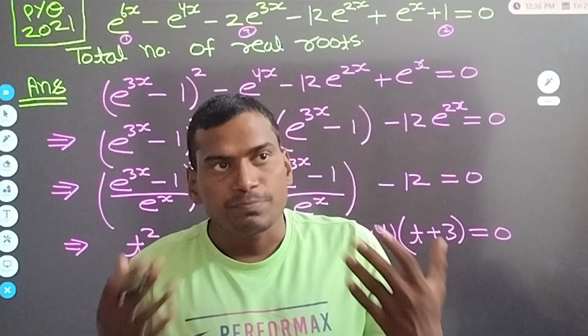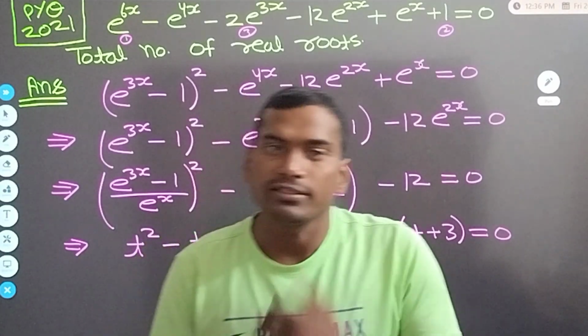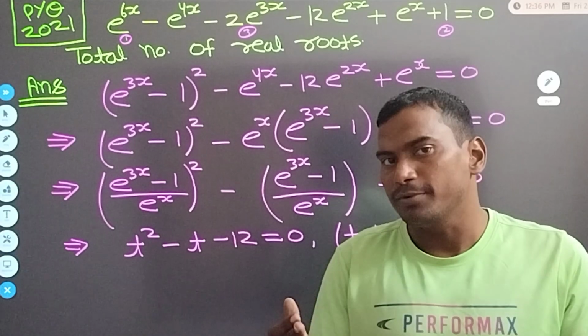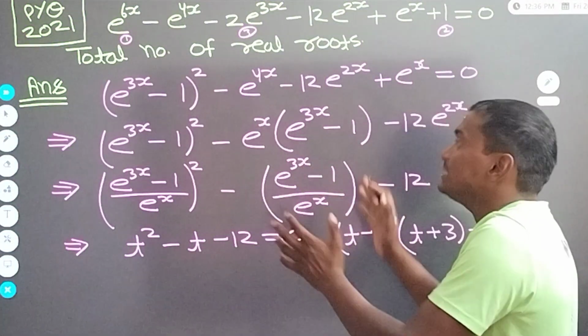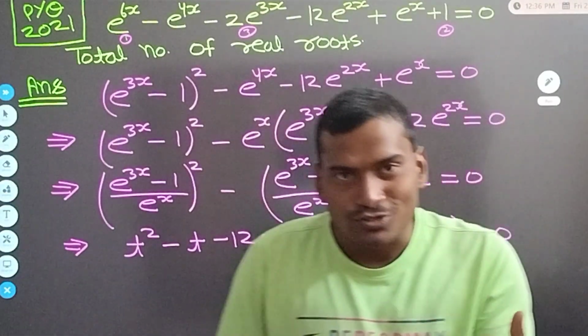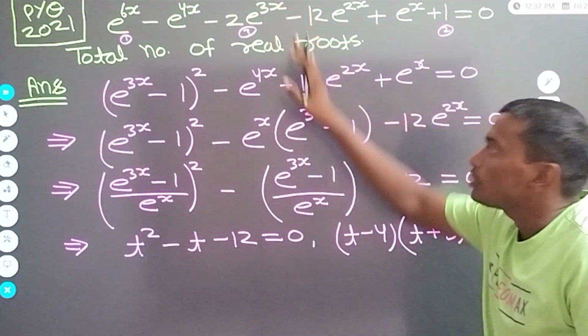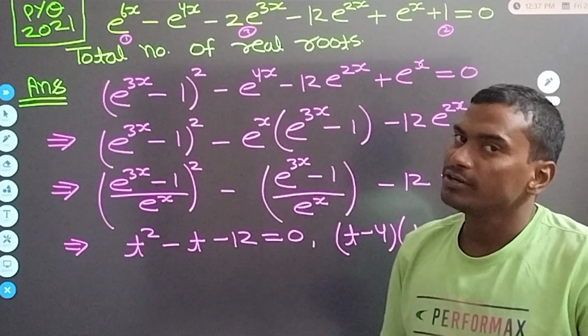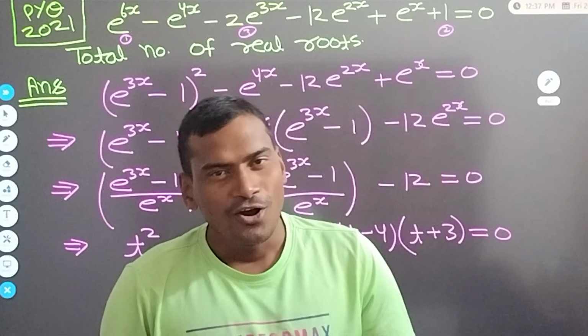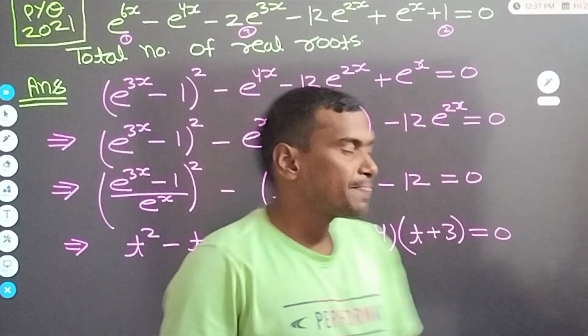I will say spend 10 to 15 minutes on this question. After that, if you are unable to do it, then we should see here. Definitely most students won't be able to solve this because it was a very good question. All right, so let us see how to solve it.